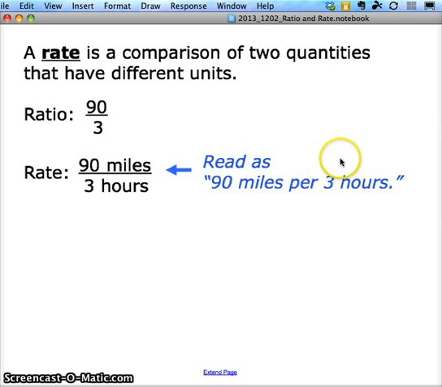A rate is a type of special ratio that is a comparison of two quantities with different units. So as you can see, 90/3 is a ratio, but when you use units that are two different types, then it becomes a rate. 90 miles in 3 hours can be read as 90 miles per 3 hours.